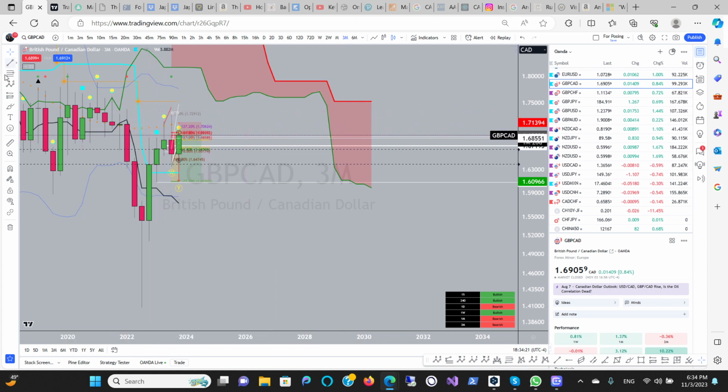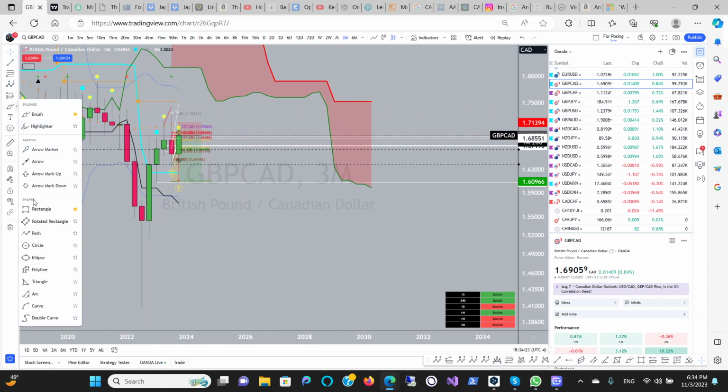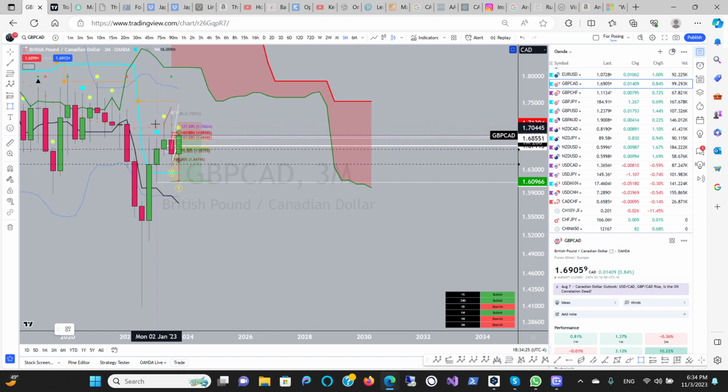Yeah, that was our quarterly level. Price kind of broke above it a little bit and came down below it, and then it's haywire.